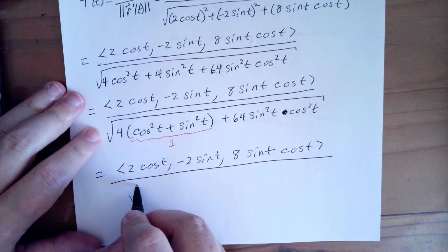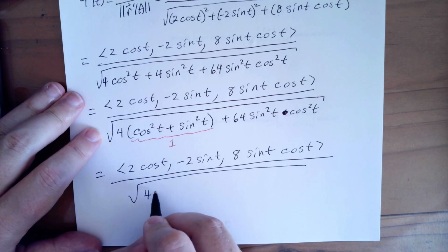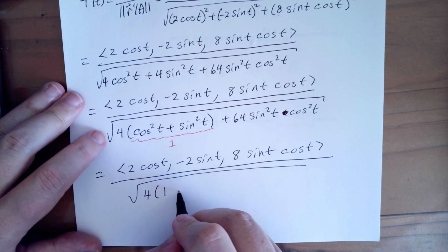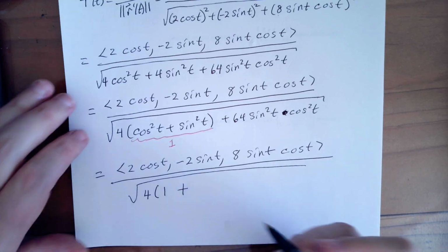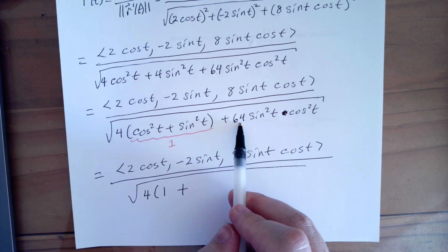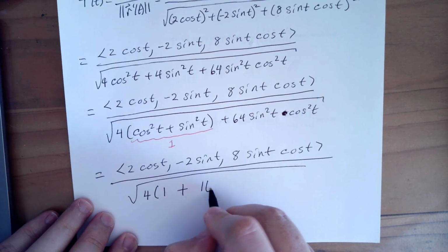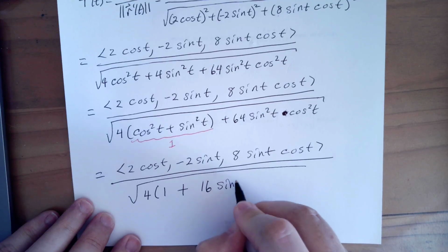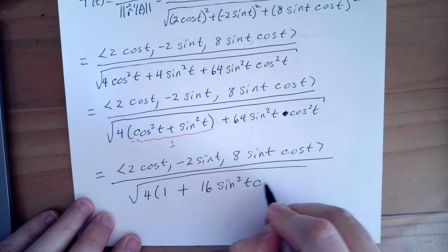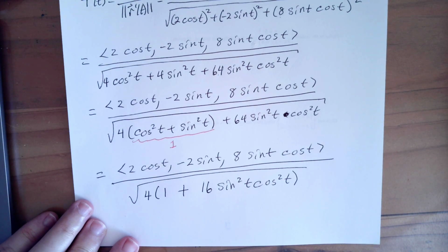So what I could do, I could write it this way, and hopefully you all agree with me. This will be 4 into 1 plus, now if we take out the 4 from this, 64 divided by 4 is going to give us 16. So it would be 16 sine squared of t cosine squared of t.